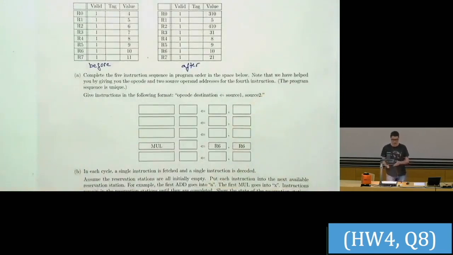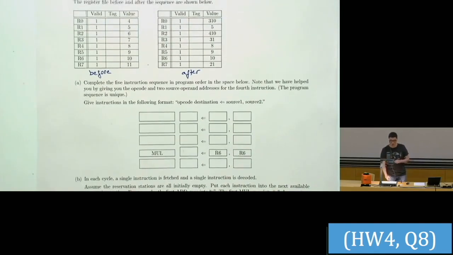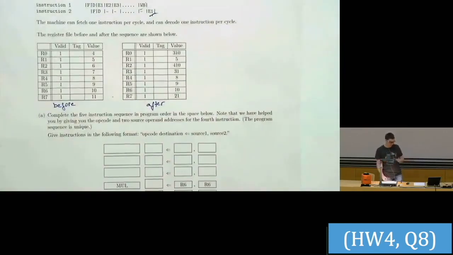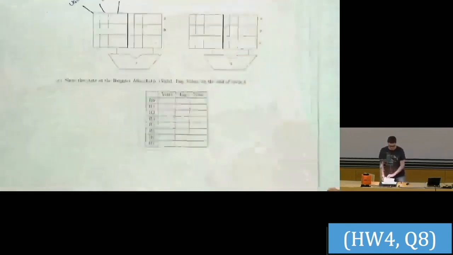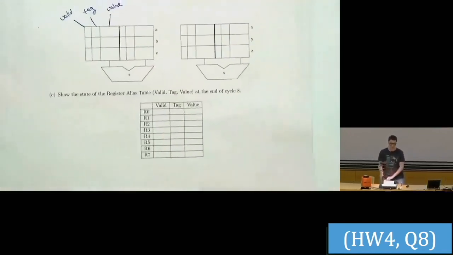But basically here the decoding operation consists of allocating an entry and filling the entry in the register alias table. So you also update the register alias table, but you also update the reservation stations, right? So I can show you how it looks here. So probably this will remind you of the slides you saw in the class.